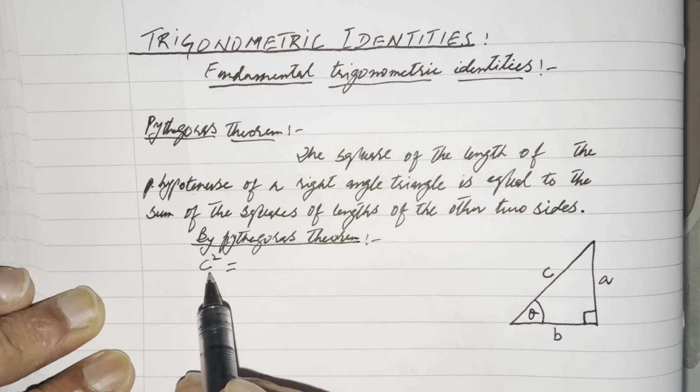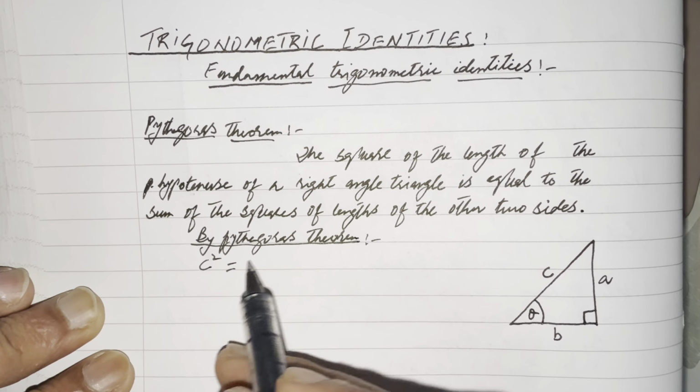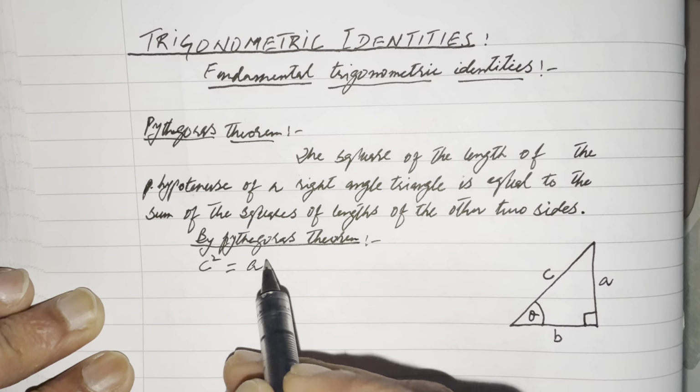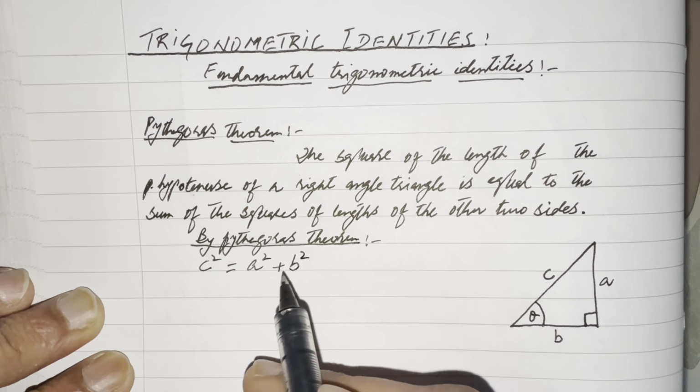In mathematical form, C square will always be equal to A square plus B square.